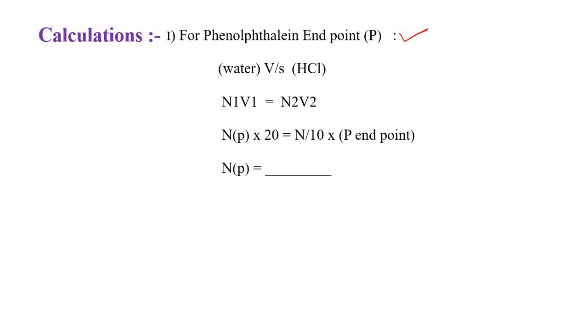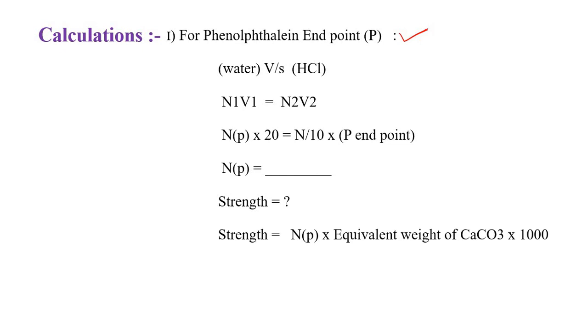Then NP, that is the normality for the phenolphthalein indicator endpoint, we can calculate the strength. So the strength is nothing but the normality multiplied by the equivalent weight of CaCO3 multiplied by 1000. And by simplification you will get the alkalinity at the phenolphthalein endpoint in ppm.